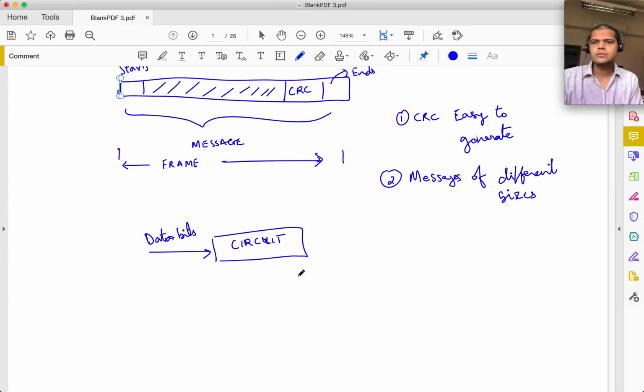If you look back to that lecture or the notes for that lecture, you'll see that I can keep pushing in as much data as I want. And once the last bit has gone in, then the CRC is present in the circuit. So I can have any number of bits here. So we said n bits. But n is not fixed, it can be variable. So probably the better term here is not different, but variable sizes.